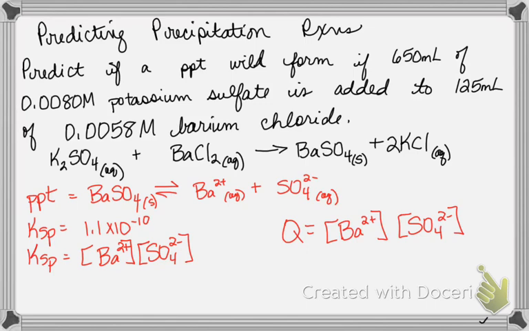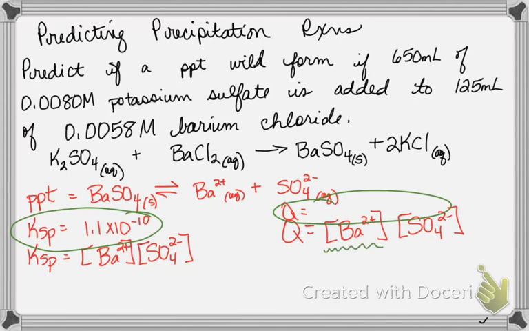What we have to do is we have to calculate the Q. We're going to calculate it on the next slide, and we've got to compare it to the KSP to see which number's bigger, to see if a precipitate will form. So how do we calculate the Q? Where do we get the concentration of the barium from? Do you see that in this problem, the barium is coming from the barium chloride? To calculate Q, I'm going to try to copy this and paste it on the next slide so I can use it.